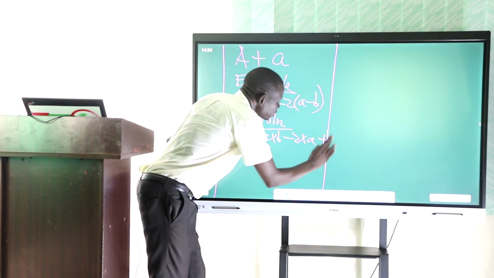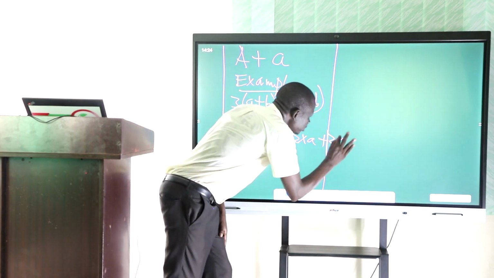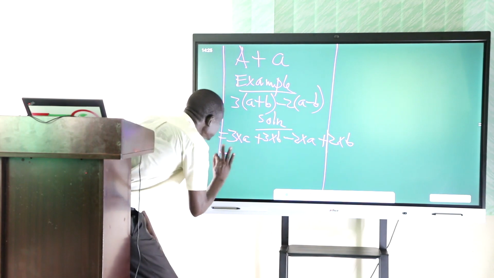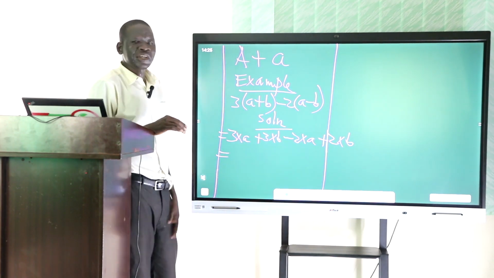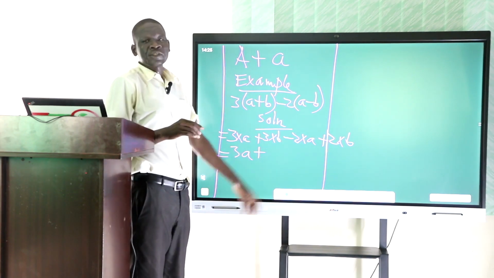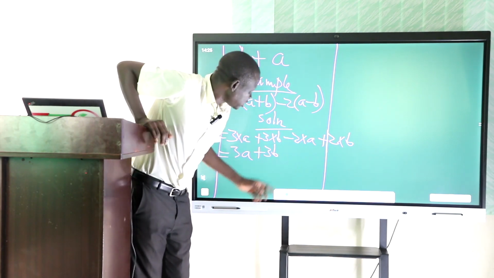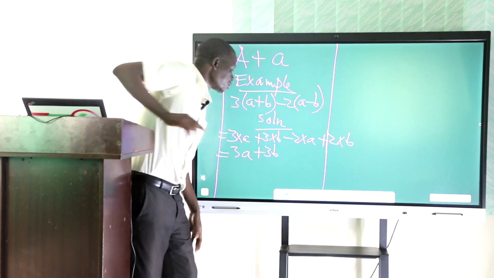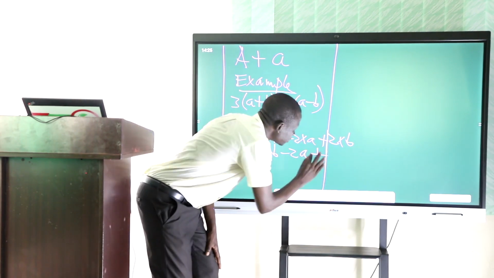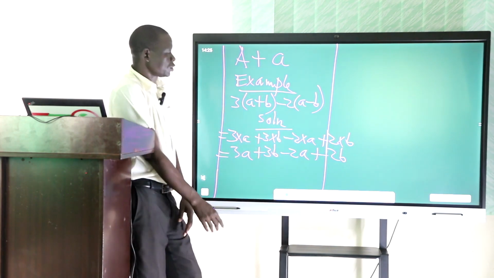So plus 2 times b. So that in this case, 3 times a, we get 3a, plus 3 times b, we get 3b, and the negative 2 times a, we get negative 2a, then plus 2 times b, we get 2b.